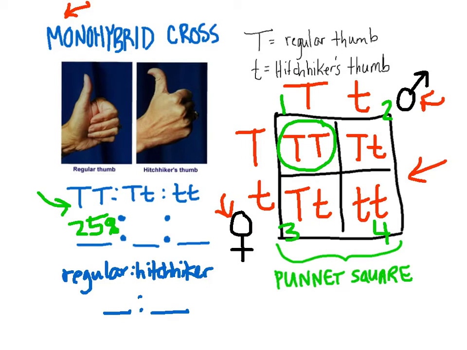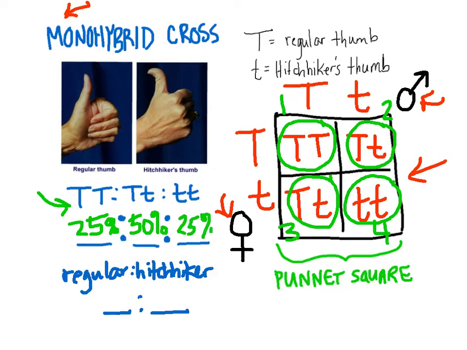For my heterozygous one, I can see that there are actually 2 of them that are heterozygous, which means I'm going to end up with 50% probability, because this is 2 out of 4, 1/2, 50%. And then I'm going to do the same thing with my homozygous recessive. I can see that my homozygous recessive, the probability is 1 out of the 4, which is going to give me a 25% probability.